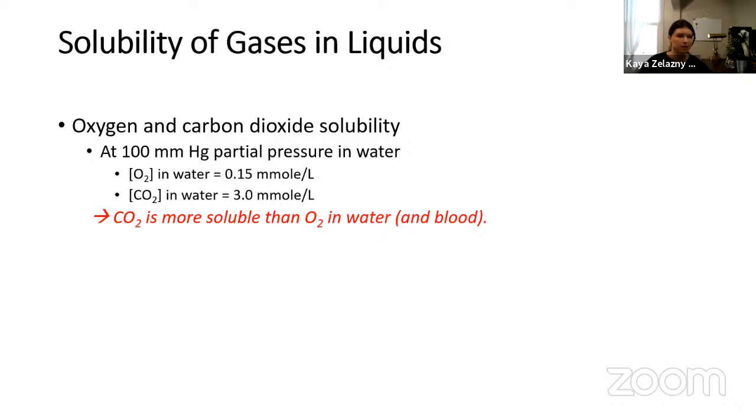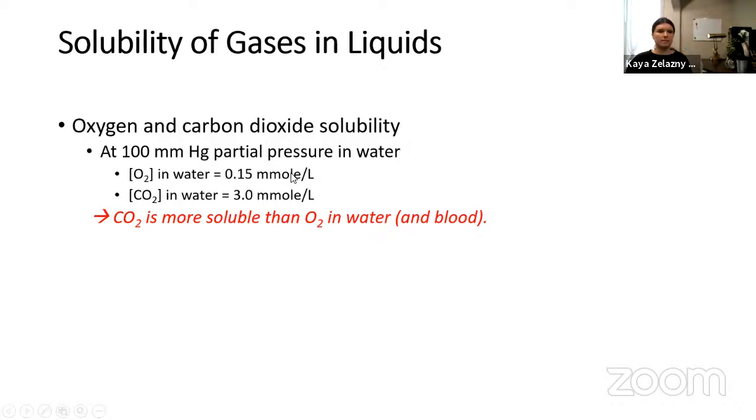If we have 100 as our partial pressure in water, that's going to mean that we have 0.15 millimoles per liter of O2 in the water. But at that same partial pressure, we would have 3 millimoles per liter of carbon dioxide in water.